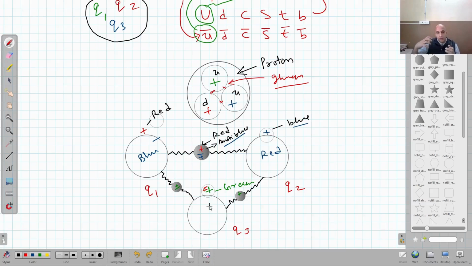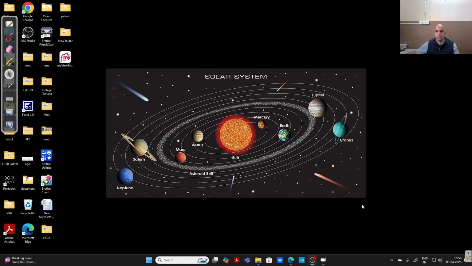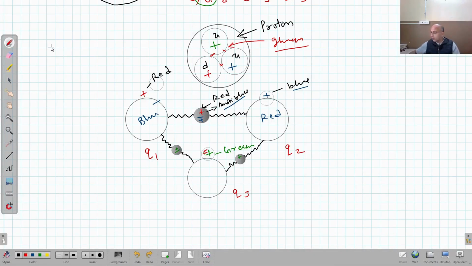And due to this interaction, we are getting the strong force in nature, which we know is the strongest force in nature. Now, if I want to separate these quarks, then it is not possible to pull apart these quarks. This process is called color confinement. Color confinement.